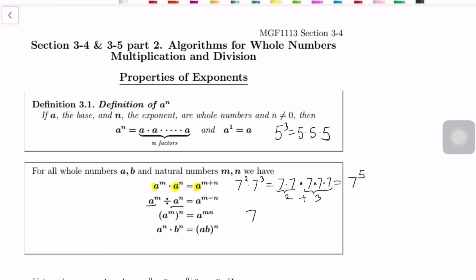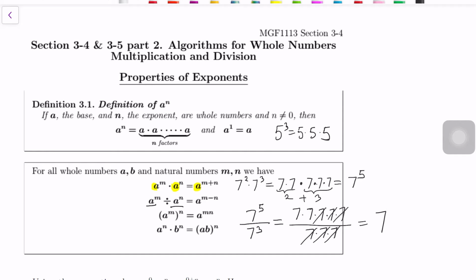Okay, so let's look at this example. Let's do 7 to the power 5 divided by 7 to the power 3. What I'm saying here is that, notice, the top has 5 factors of 7. The bottom has 3 factors of 7. So those 3 factors of 7 from the bottom can cancel 3 factors of 7 on top.